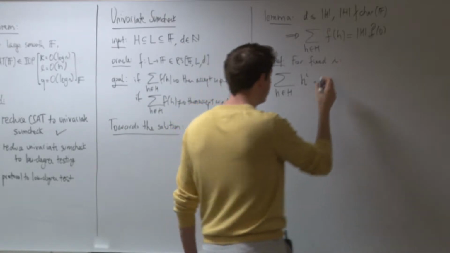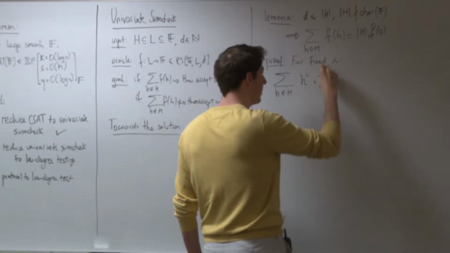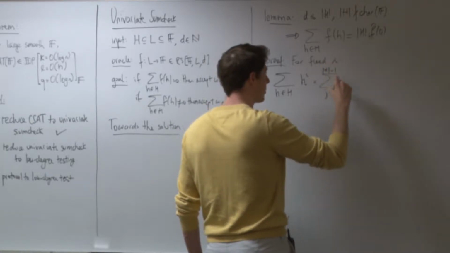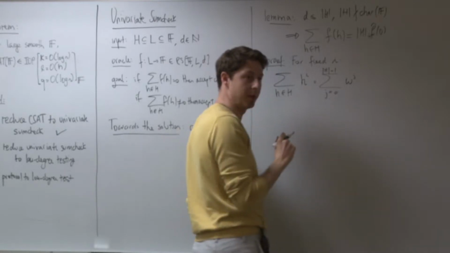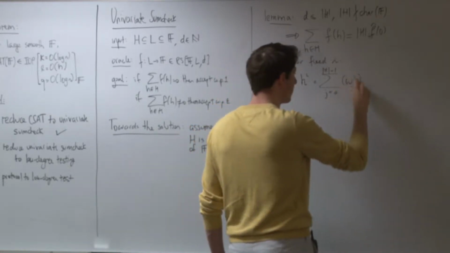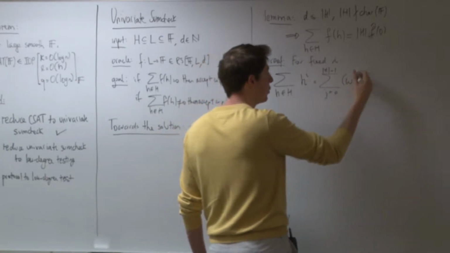So let's use that fact. I'm going to write this as the sum from j equals 0 to size of H minus 1 of a generator omega. The jth element of H is just omega to the j, and this is to the i.